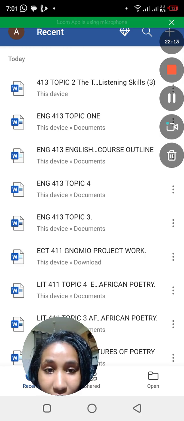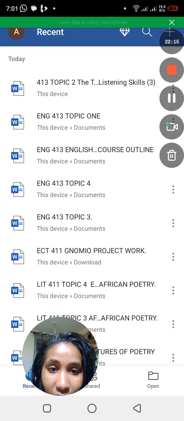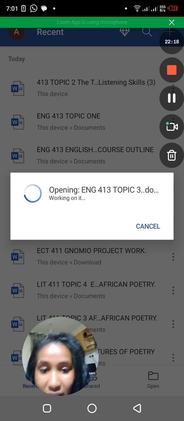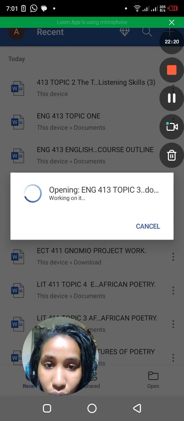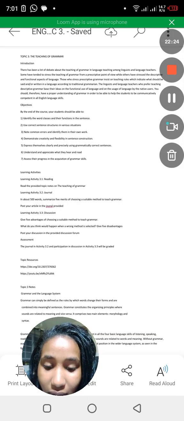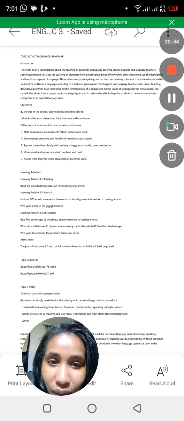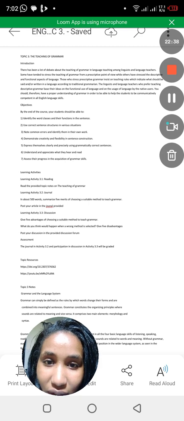Grammar can be defined as the rules by which words change their forms and are combined into meaningful sentences. Grammar constitutes the organizing principle where sounds are related to meaning and vice versa. It comprises two main elements, morphology and syntax. Grammar covers a wide range in English class, and it is present in all the four basic language skills of listening, speaking, reading, and writing.